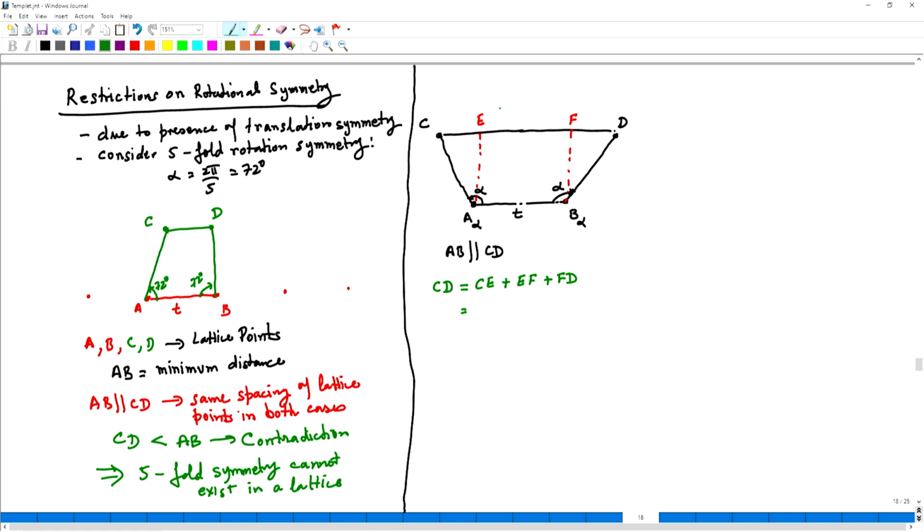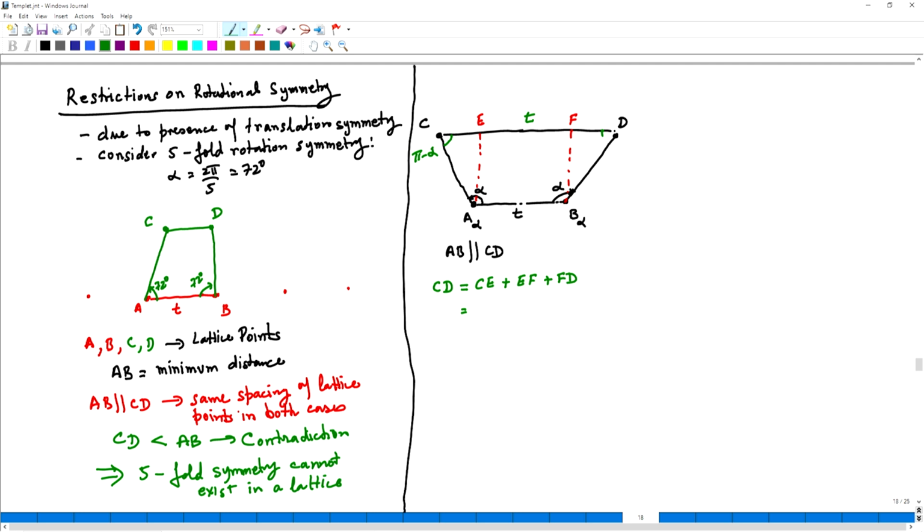EF is very clear: EF has to be T. For CE, we will look at the triangle ACE and need to know this angle. The angle CAE is alpha minus pi by 2, and from that you can figure out that the angle ACE would be pi minus alpha.